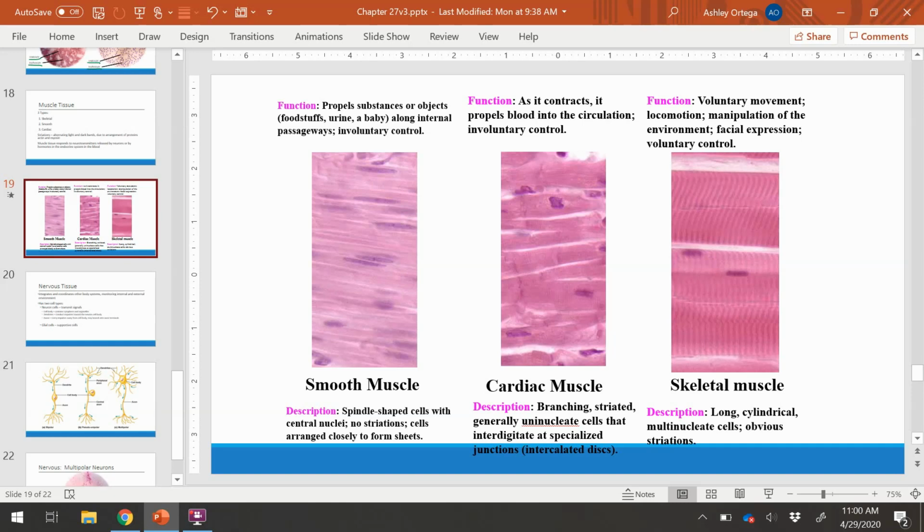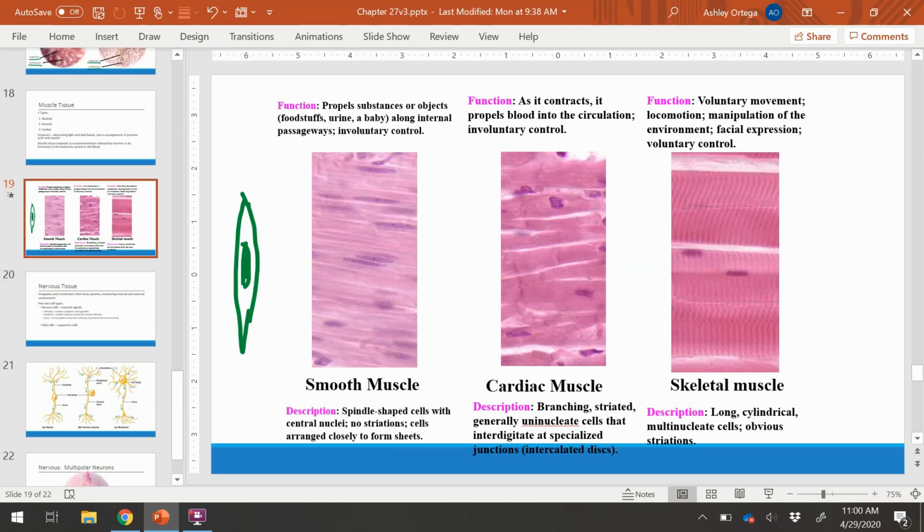Looking at smooth muscle, you can see that these are spindle-shaped cells. They're going to be long, thin, and taper off at the ends, and then you have a long, skinny nucleus in the center.